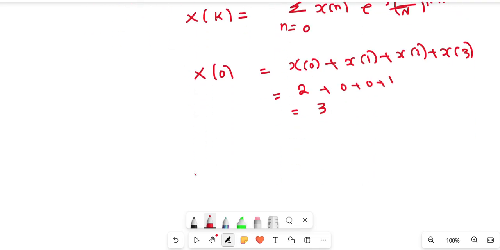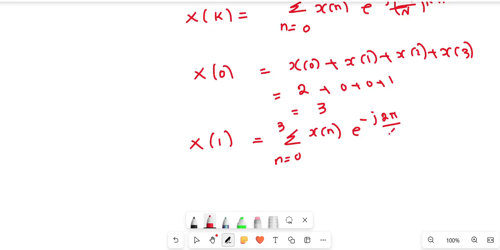Similarly, you can find the next ones, for k equal to 0, 1, 2, 3. X of 1 can be calculated the same way, n equal to 0 to 3, x of n into e power minus j 2 pi by N, where N is 4, with the k value 1 into n.